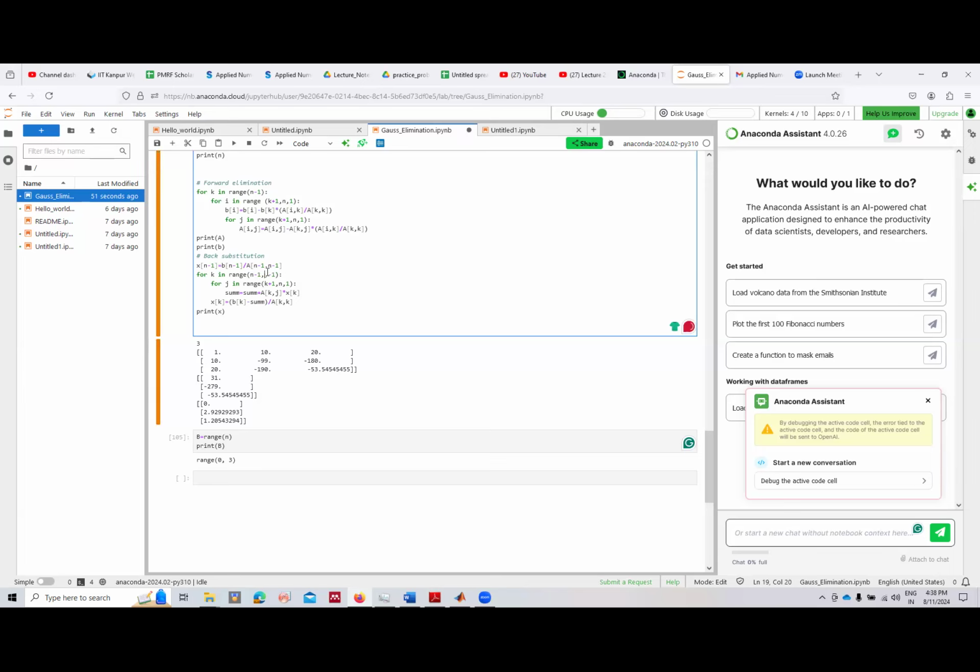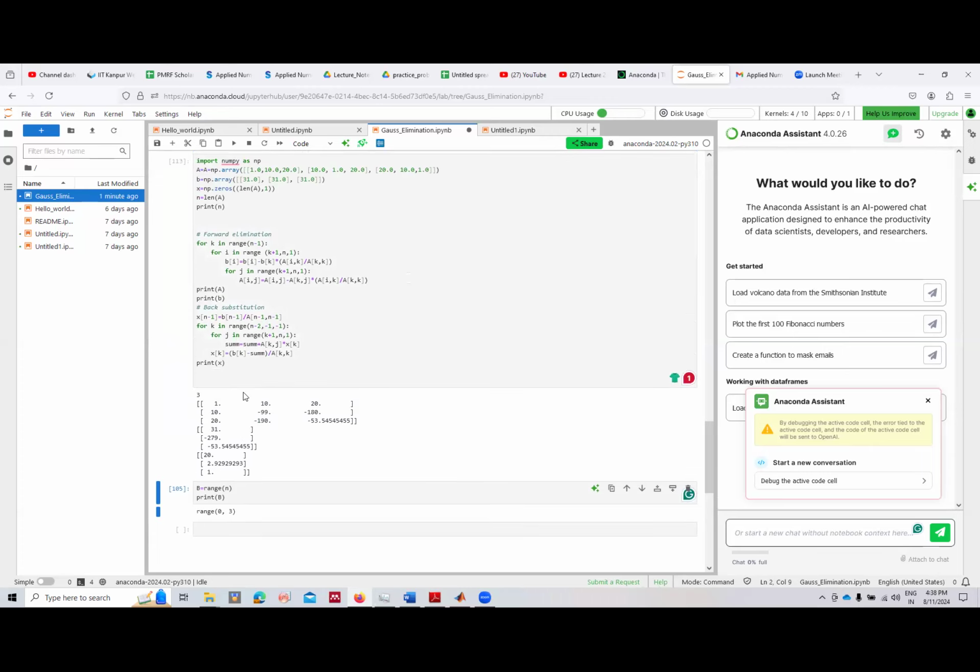So I will write what? n minus 1. So I want to go till n minus 1, and here I will start from n minus 2, since I already know the last term, so I do not want to include n minus 1. So if I do shift enter, still it is showing 1, 2, 3.